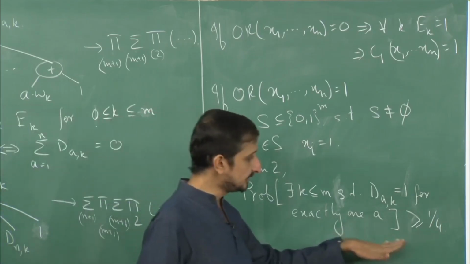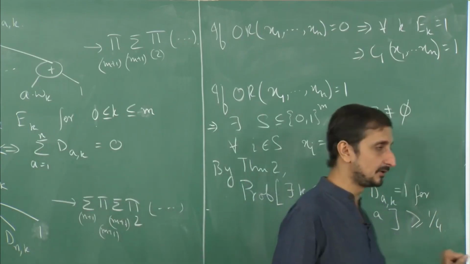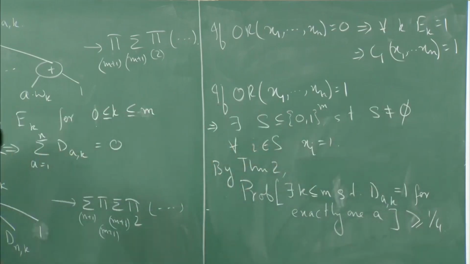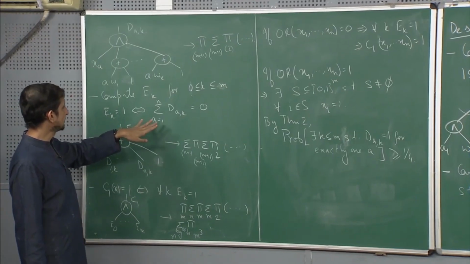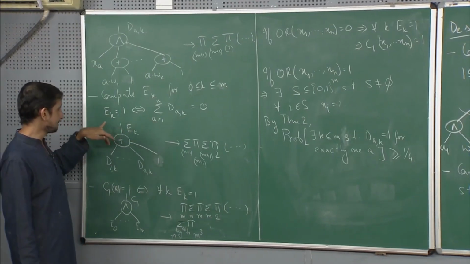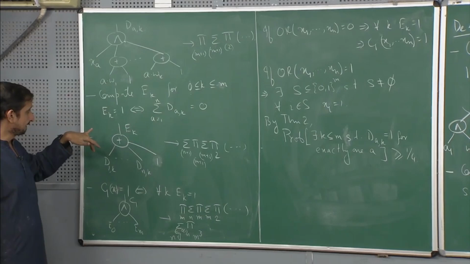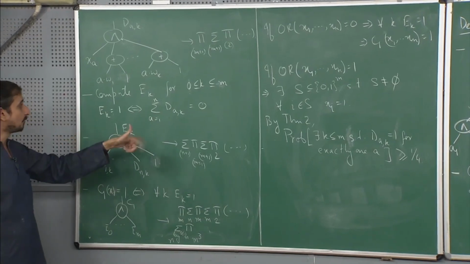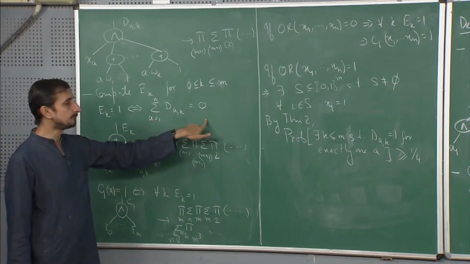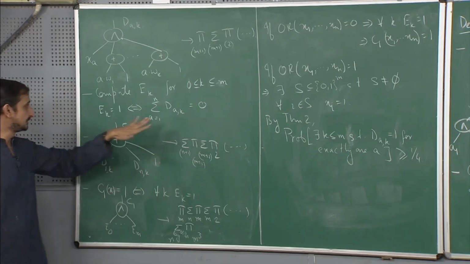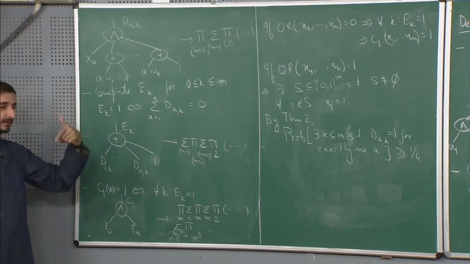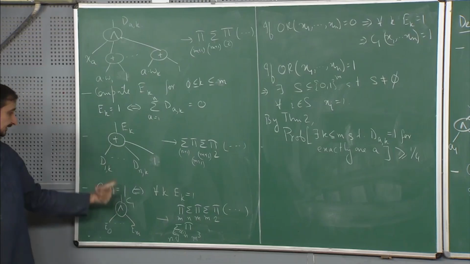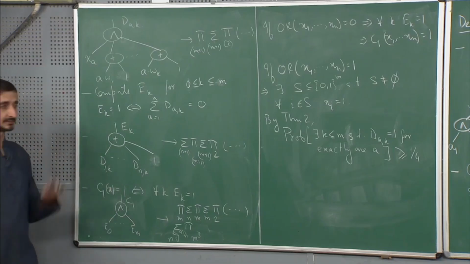And now, because of this, DAK will be equal to 1. If DAK is equal to 1 for exactly 1A, then this sum will evaluate to 1. If this sum evaluates to 1, then EK is equal to 0, and if even one EK is equal to 0, then this circuit will evaluate to 0.